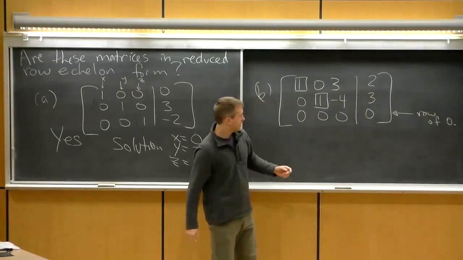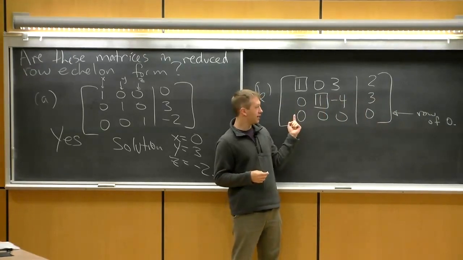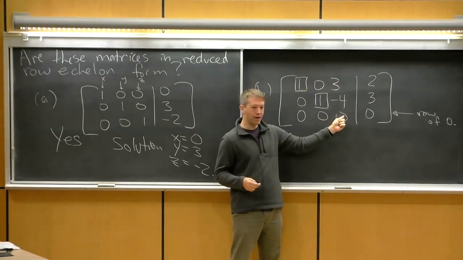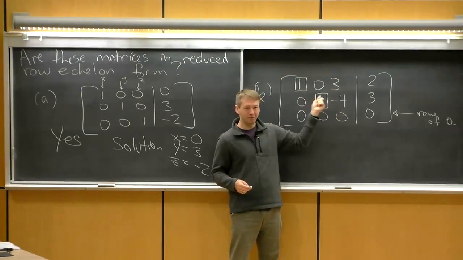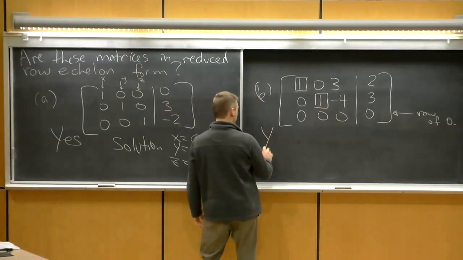Normally in Gauss-Jordan elimination, if you got to this matrix, you'd look at this column and try to get a 1 here. But you can't do that without messing up the other stuff you've already done. So actually this is row reduced echelon form.